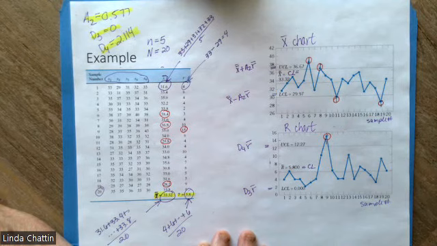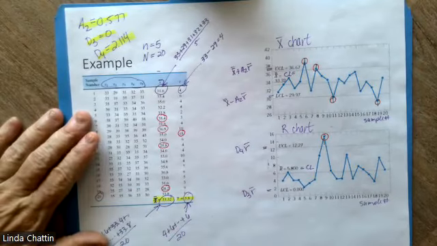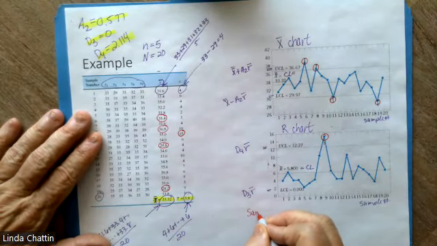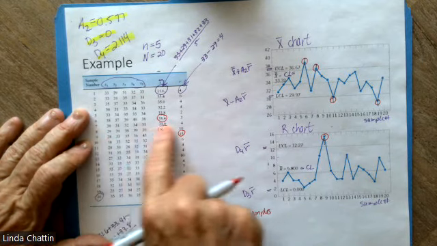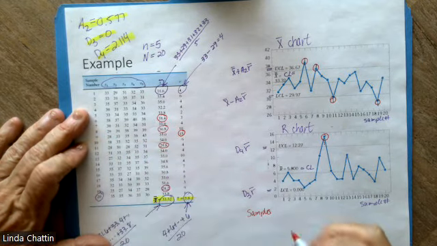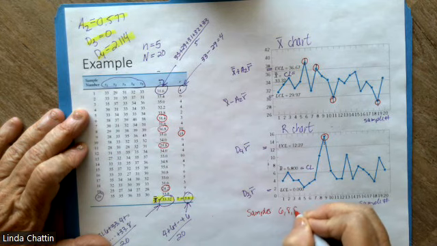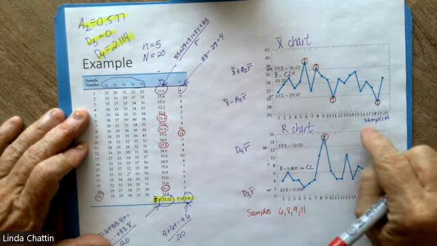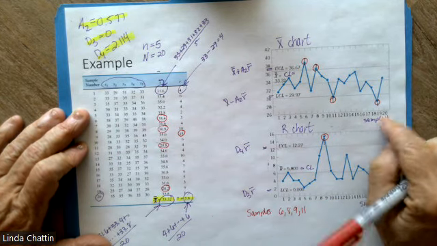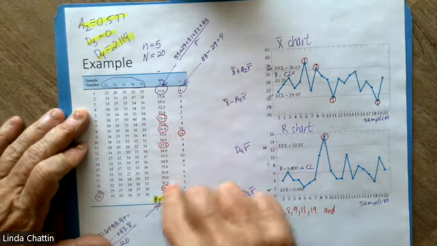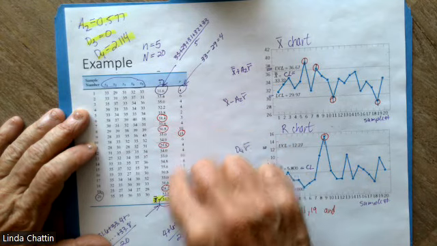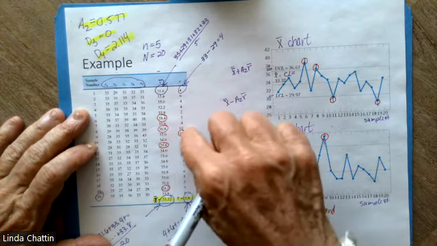So if we were a data analyst or an engineer on this process, what we would say is that samples 6, 8, 9, 11, and 19 are showing as out of control.